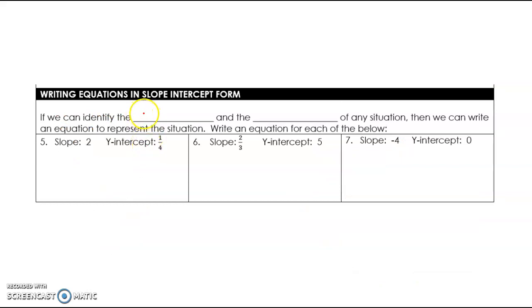So if we can identify the slope and the y-intercept of any situation, we can write an equation that represents it. So in this case, I'm just going to give you the slope and the y-intercept. So remember, your slope is m, your y-intercept is b, and I'm going to put it into the equation y equals mx plus b. So I'm going to substitute these numbers for m and b.